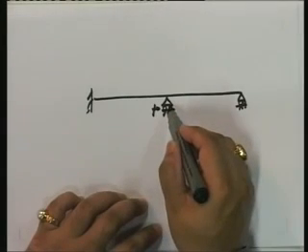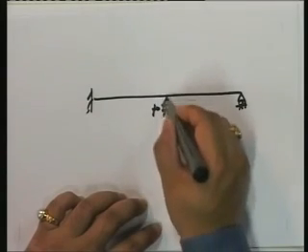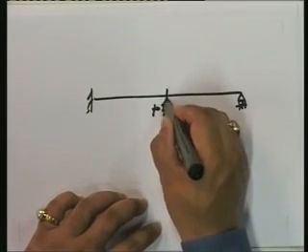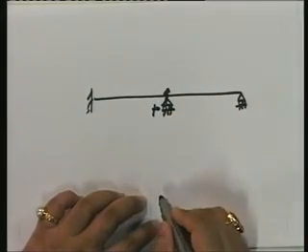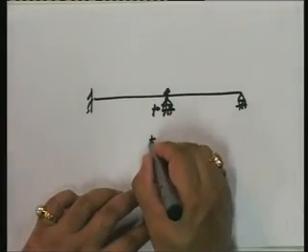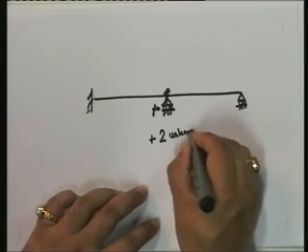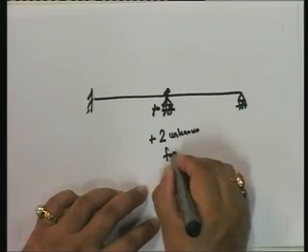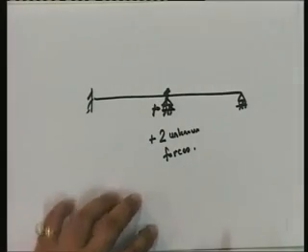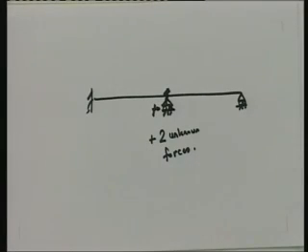It develops an unknown reaction here. I'm also going to stop the rotation here. So, what have I added? I have added 2 unknown forces to the structure. Remember that.